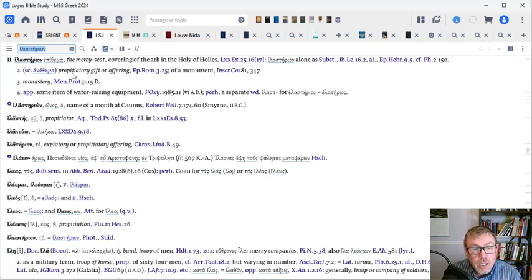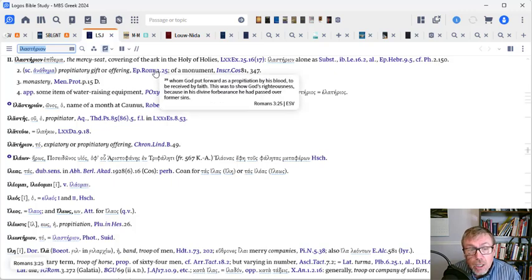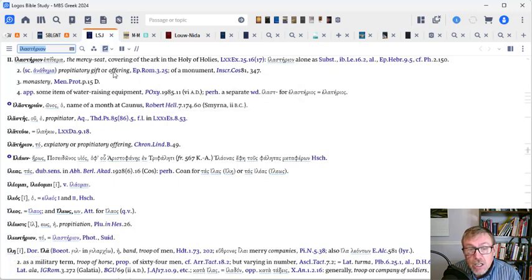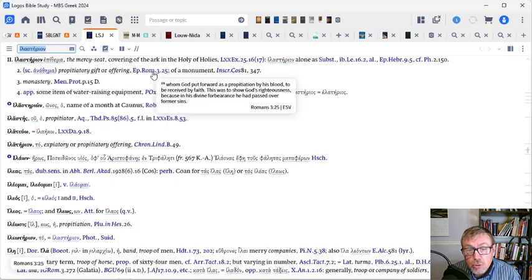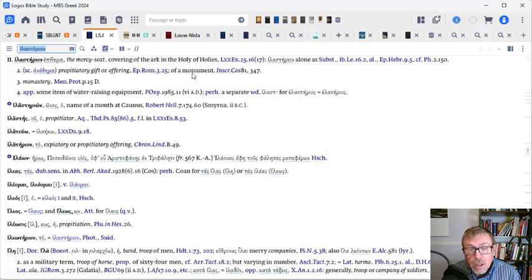But then they come to the second definition. They say propitiatory gift or offering in Romans 3:25. So they're saying that word has this meaning in its semantic range in Romans 3:25. They've assigned it.